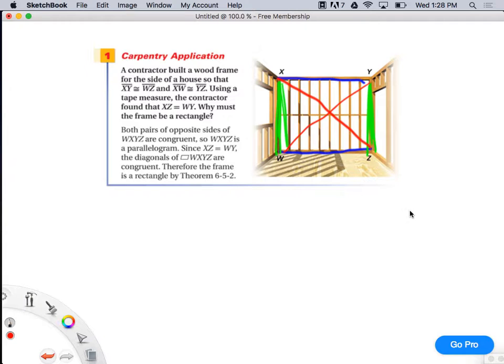Congruent. And what does it say for conditions of a parallelogram in 652? If the diagonals are congruent, then it must be a rectangle.